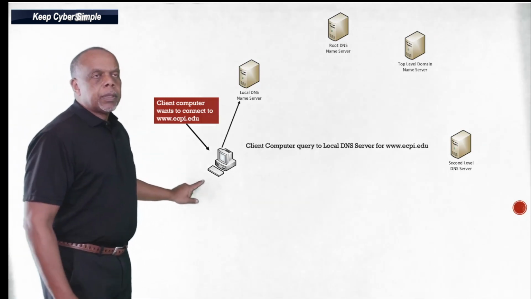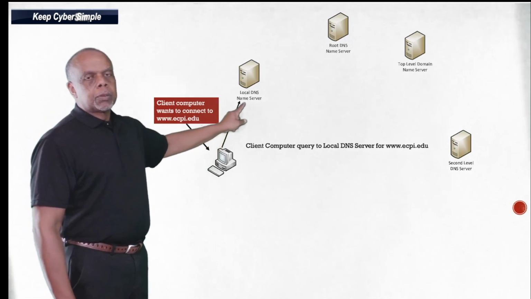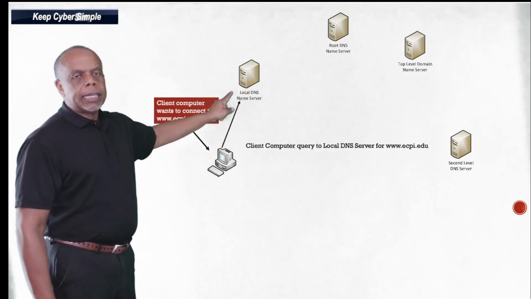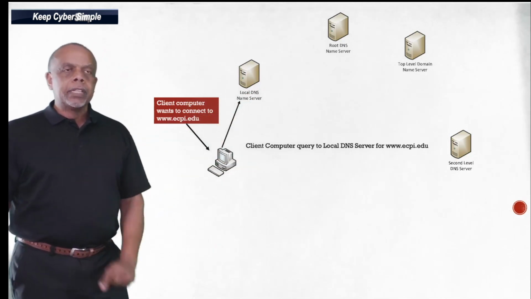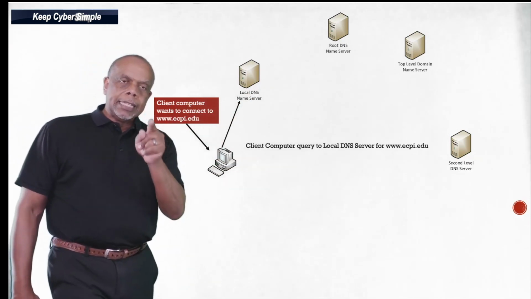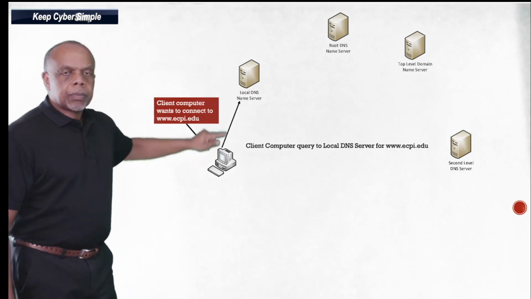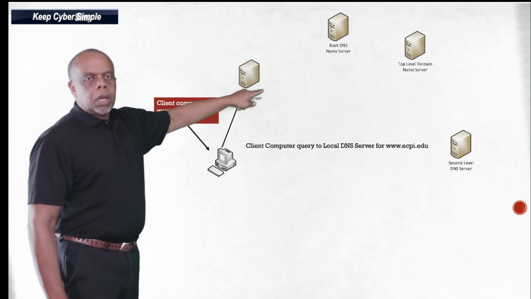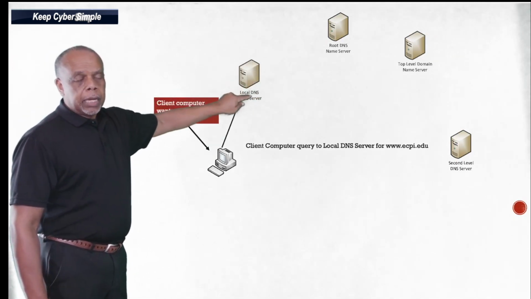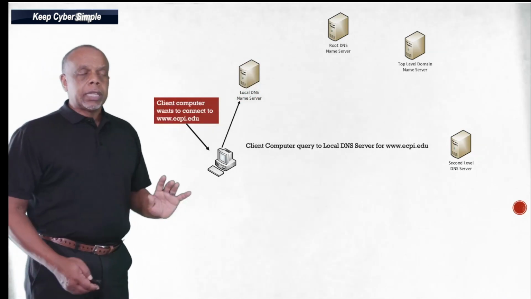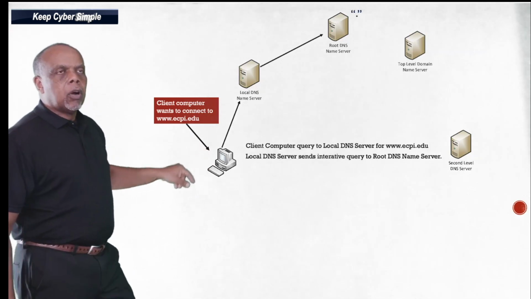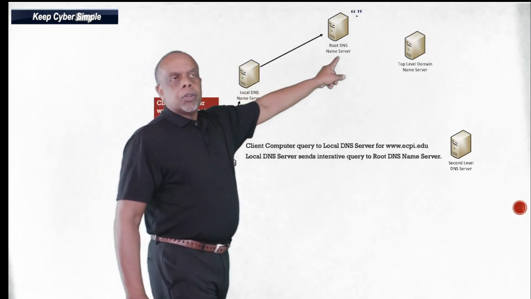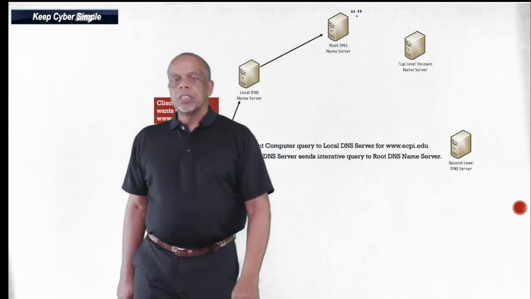So what is it going to do? Now it's going to go to your internet service provider's local DNS name server, and it's going to query that and say, hey, I'm looking for www.ecpi.edu. And your local internet service provider's DNS server says, well, I don't know. So what is it going to do? It's going to go out and query one of the root DNS name servers, the dot.